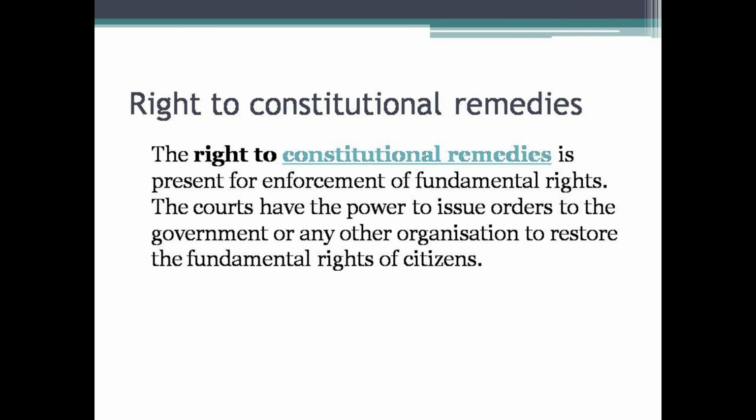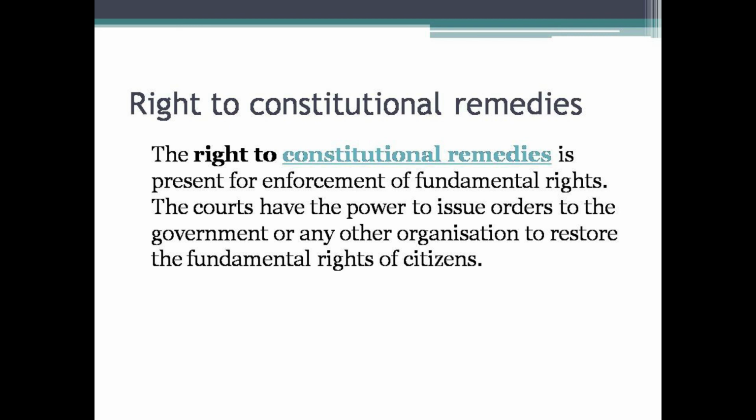The sixth fundamental right is right to constitutional remedies. The right to constitutional remedies is present for enforcement of fundamental rights. The courts have the power to issue orders to the government or any other organization to restore the fundamental rights of citizens.